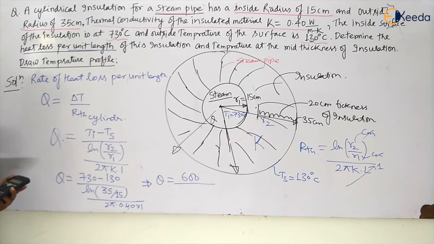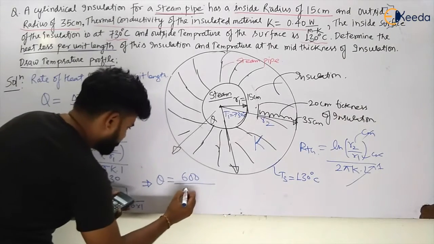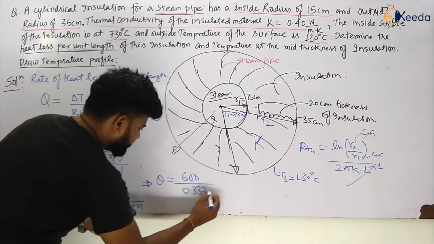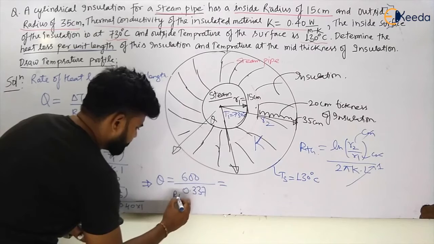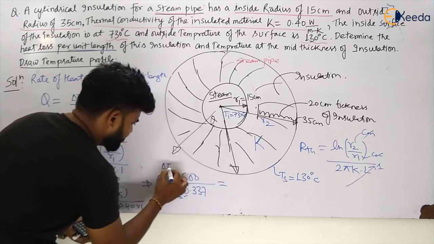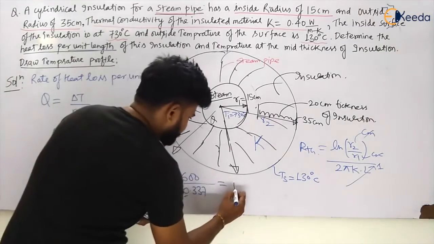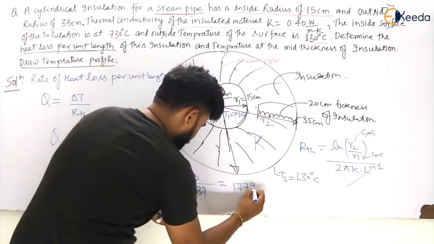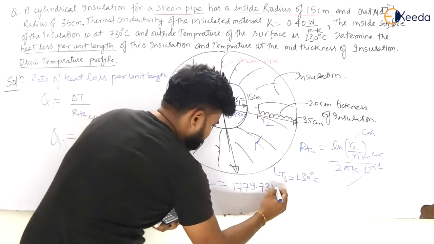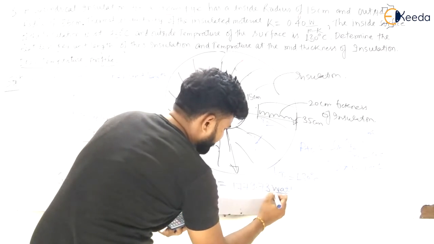This gives 0.337, which is your R thermal, and 600 is your delta T. So what will be the final answer? 600 divided by this will be 1779.73 watt per meter length.